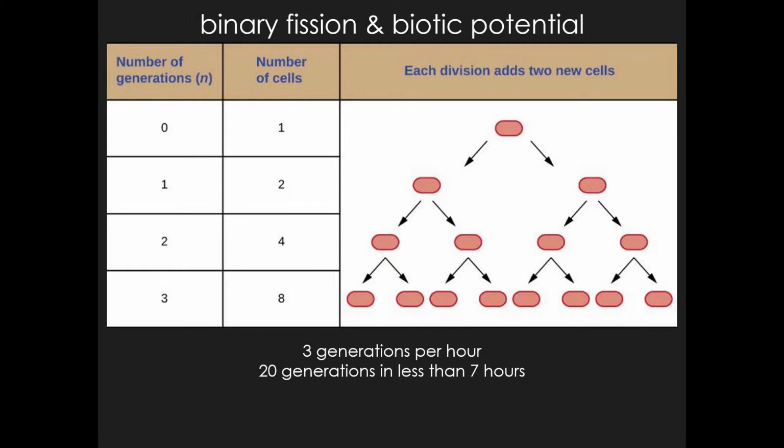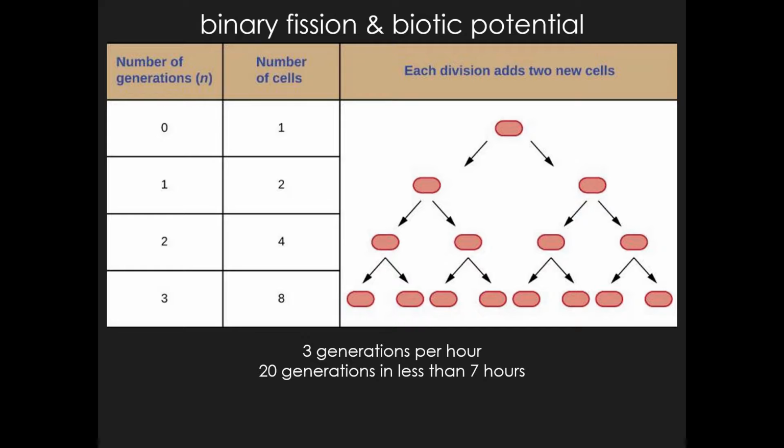And what that means is that cell can grow and divide and become over 1 million cells in that 7 hours. So one cell can become 1 million in less than 7 hours. And that, my friends, is a huge amount of biotic potential.